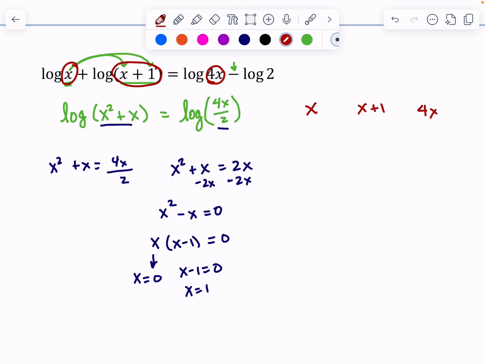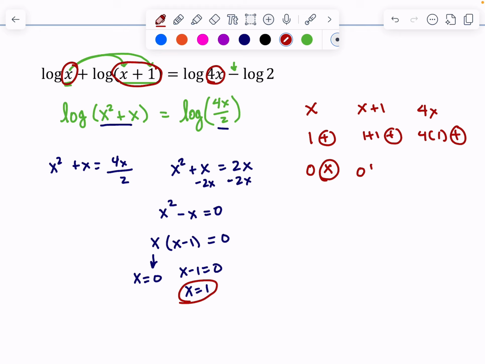Let's start with 1. If I plug in 1, well, 1's just 1, that's positive. 1 plus 1, that's positive. 4 times 1, that's positive. So x equals 1 is an answer here. Now if I plug in 0, well, 0 is not a positive number, so this does not work. As soon as it doesn't work for any of them, it's out.